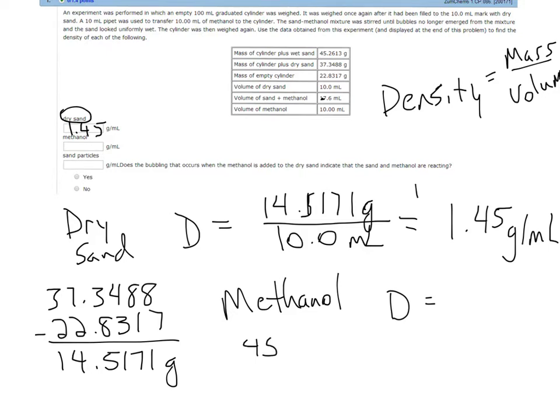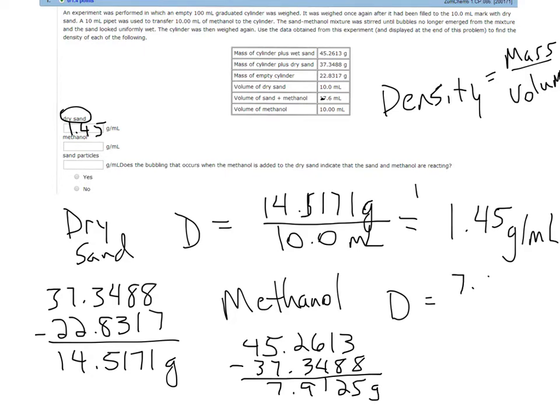So I'll take 45.2613 minus 37.3488. And that should give us the mass of just the methanol alone, 7.9125 grams.